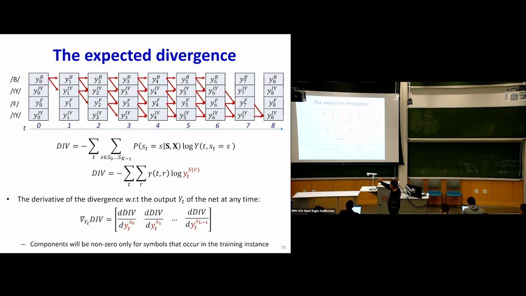So we know how to compute the divergence, right? But what we need is the derivative of the divergence with respect to the outputs of the network at each time. What is the network outputting?